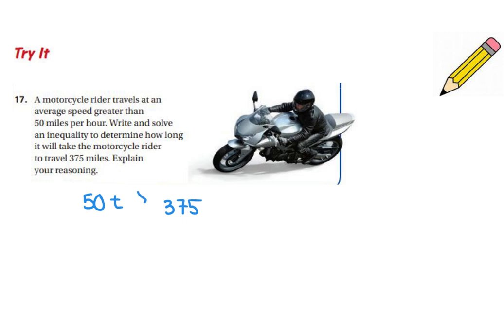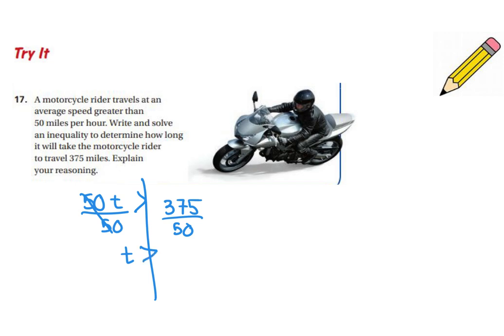So we're going to put our greater than symbol in here. Okay, and then we're going to divide by 50 on both sides. 50 over 50 cancels, just leaving you with t. That's a greater than symbol.